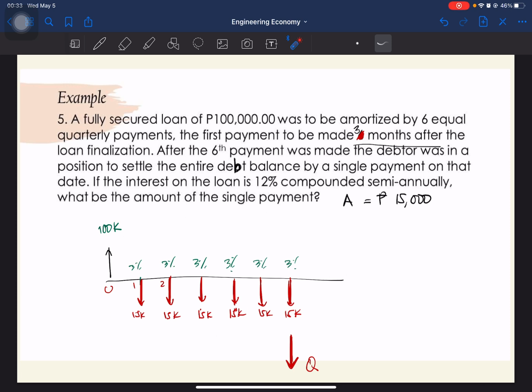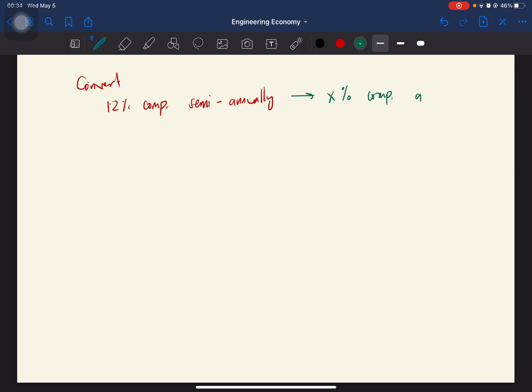So, ibig sabihin, the first step here is to convert the 12% compounded semi-annually into some nominal rate X% compounded quarterly.